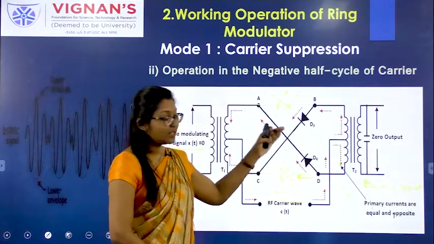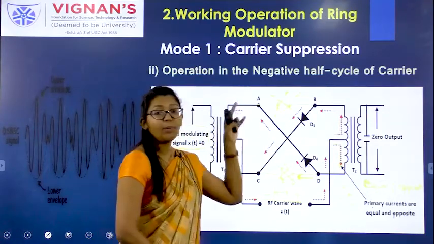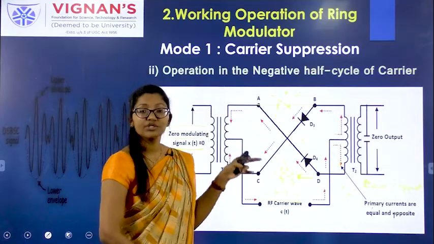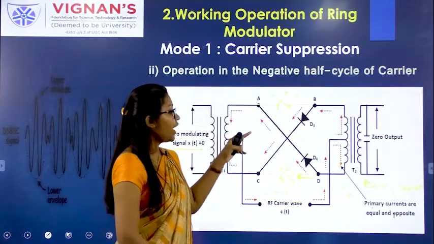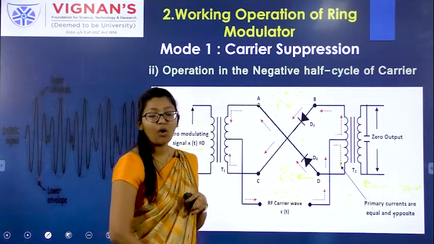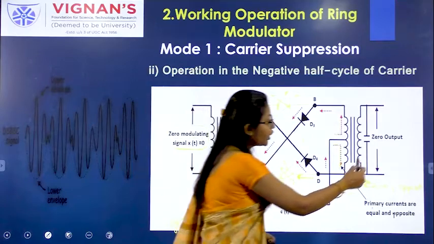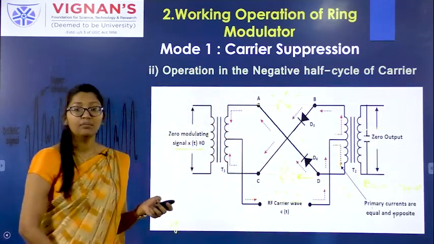And in the same way in the negative half cycle. So in the positive half cycle D1 and D2 are on, D3 and D4 are off, and in the negative half cycle D1, D2 will be off, D3, D4 will be on. So finally you get a suppressed carrier, zero output. So this is mode 1.